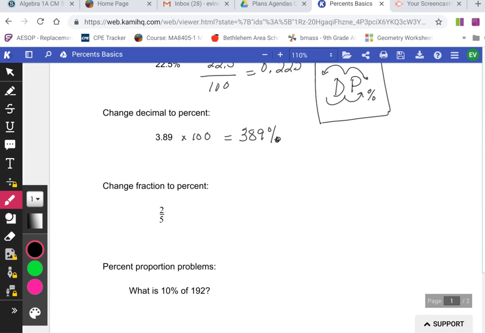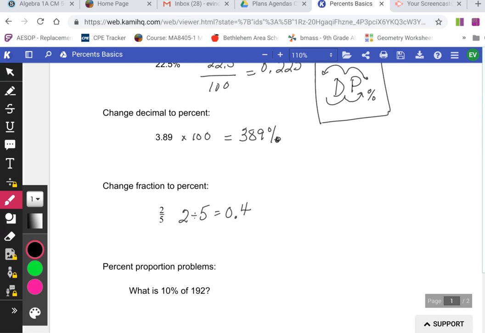We can also change a fraction to a percent, and actually it's quite easy. We first want to change our fraction to a decimal. So we have 2/5. That means 2 divided by 5. Okay, so 2 divided by 5, which is 0.4.